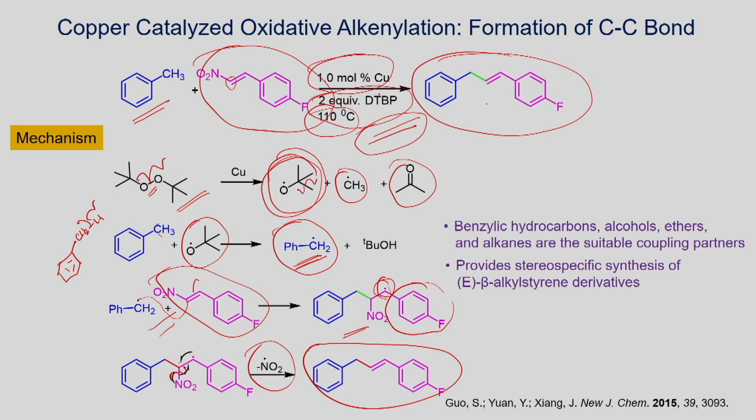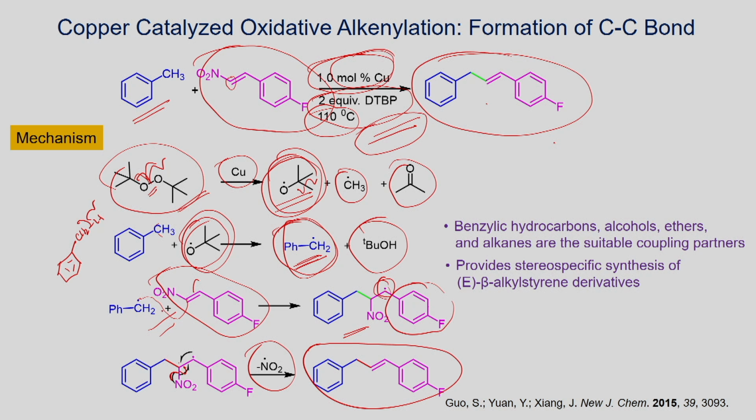So, using a catalytic amount of copper you can carry out the reaction; the copper facilitates the cleavage of this peroxide bond. When you heat in the presence of copper, it can undergo homolytic cleavage to form the tertiary butoxide radical. This radical, once formed, as just mentioned, can readily react with this weak benzylic CH bond to produce a benzyl radical, where the tertiary butoxide radical is converted into tertiary butanol.